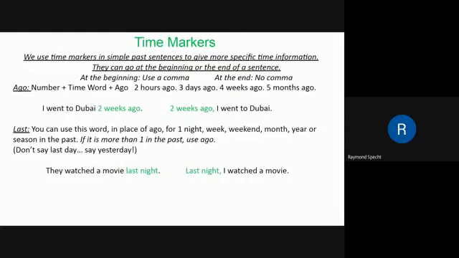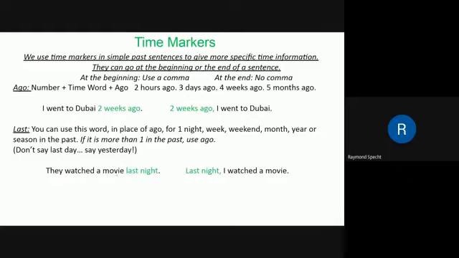Last, you can use this word in place of ago for one night, week, weekend, month, year, or season in the past. If it is more than one in the past, use ago. Okay? So you could say 1 week ago. Don't say last day, say yesterday.